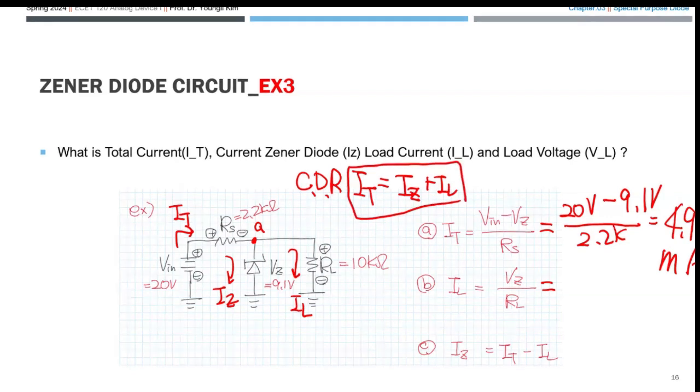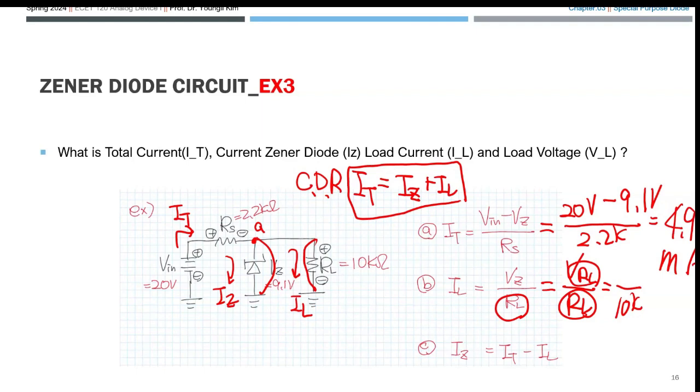All right. So I sub L is equal to V sub R sub L divided by R sub L. R sub L was given as 10K, and V sub R sub L should be the same as the Zener voltage because they are in parallel. So V sub Z is what? 9.1 volt. Thank you, Len.